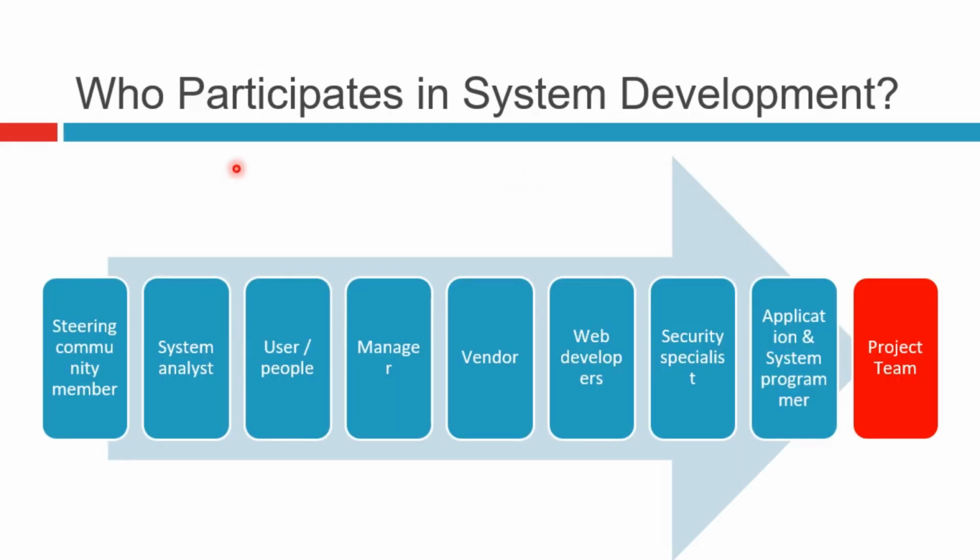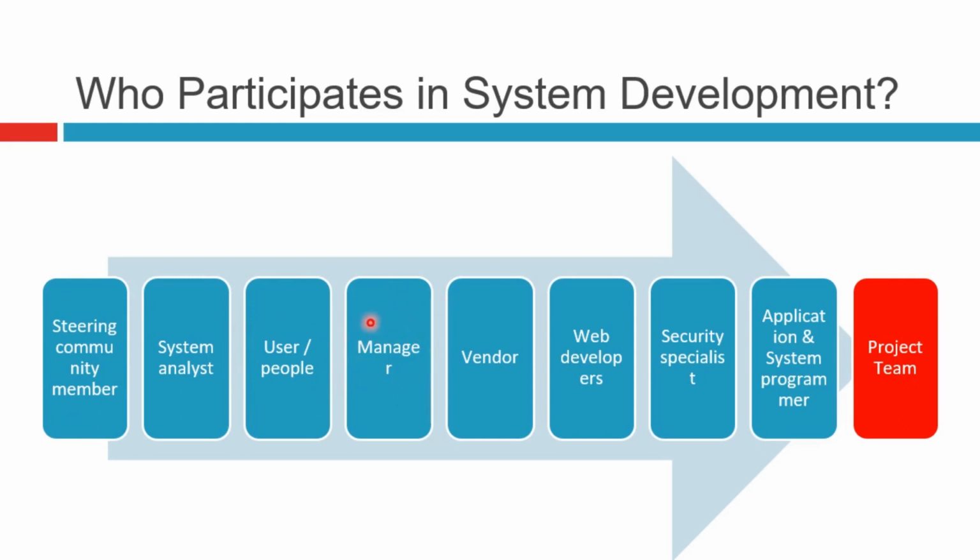Who participates in system development? In other words, who are the individuals? What are the roles of your project management team? The first one is the steering committee member. The system analyst. The user, we have talked about the user. Who is the user? The user is basically your client.